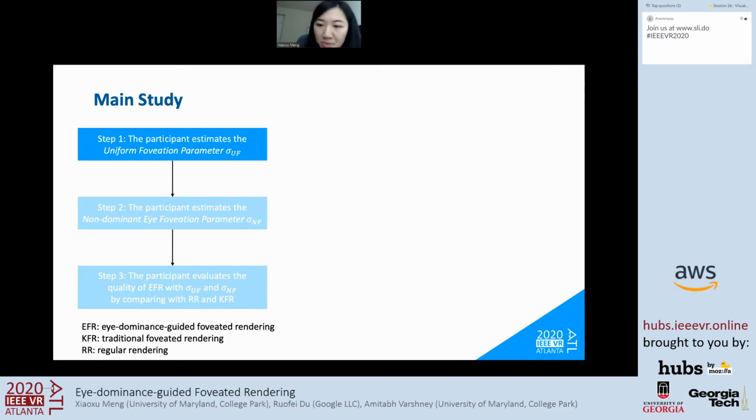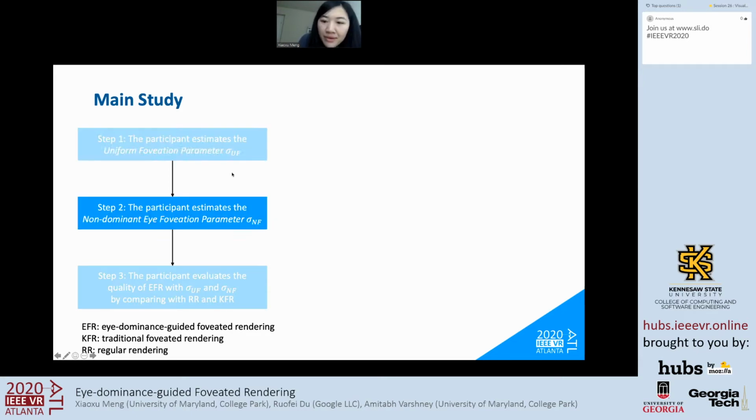In the first step, the participants estimate the uniform foveation parameter sigma UF, which is acceptable for both eyes. And in the second step, the participant estimates the non-dominant eye foveation parameter sigma NF, which results in the same overall perception as uniform foveation.